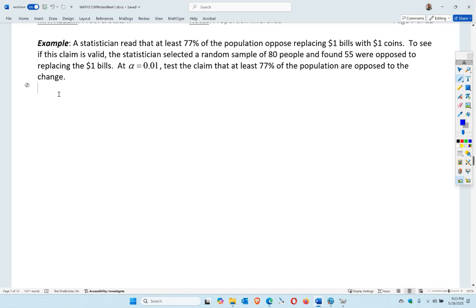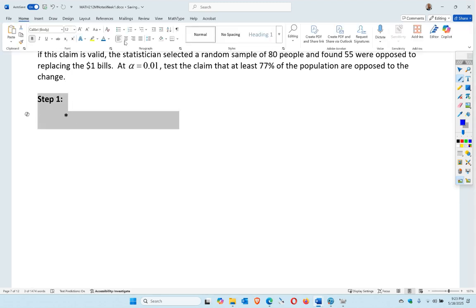Let's try it like this. Step 1. Why is it double spacing? Hold on, I don't know why it's double spacing. Let's stop that from doing that.